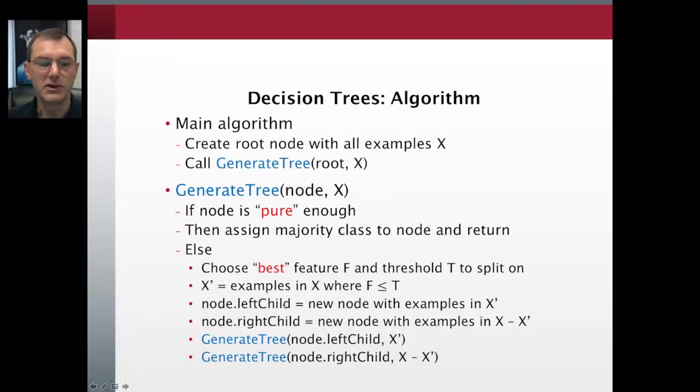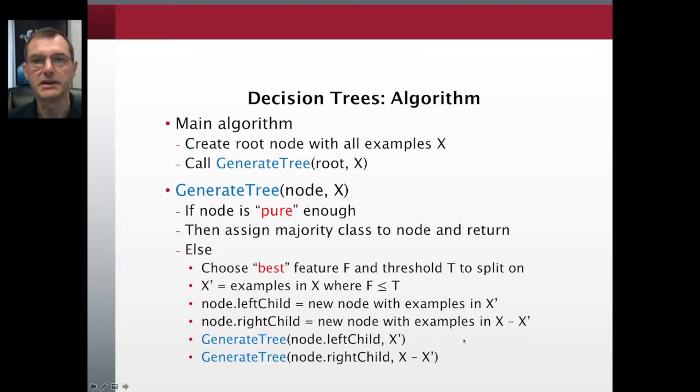For the node we're expanding, we create a left and a right child. The left child node gets our x prime examples. The right child node gets the remaining examples. Then we recursively generate the left and right subtrees by passing in the nodes and the examples associated with them.